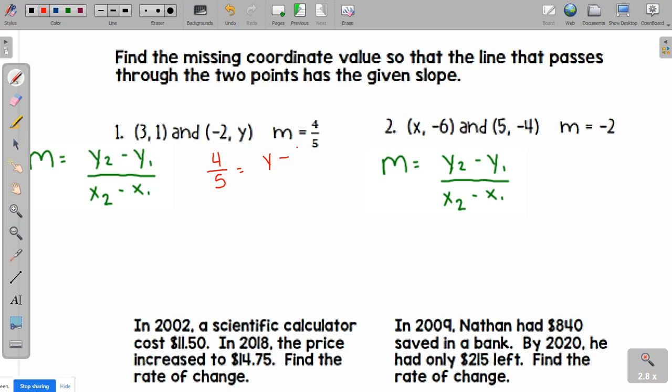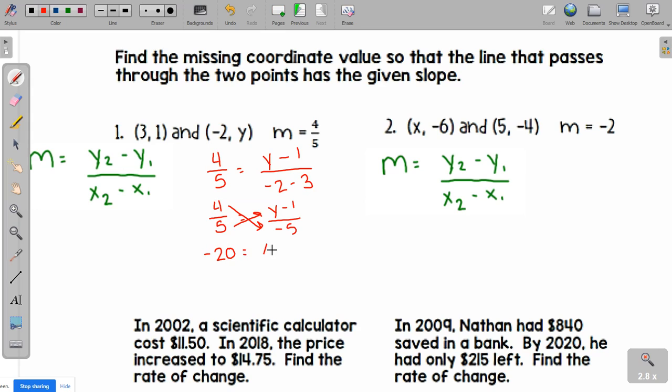minus 1 over negative 2 minus 3. Let's simplify this. So we have 4/5 is equal to y minus 1 over negative 5. Now let's cross multiply. 4 times negative 5 is negative 20.